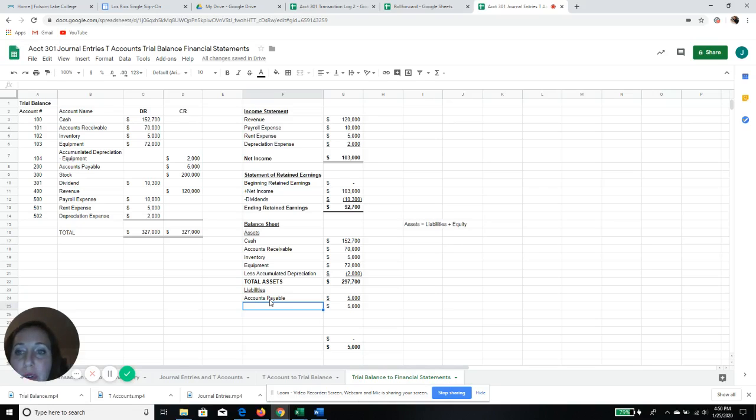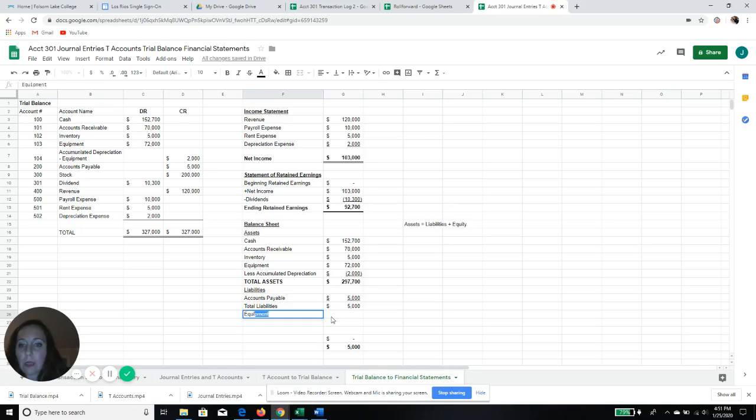Liabilities have a natural credit balance. So because 5,000 is in the credit column, it's a positive number when represented in the liabilities section of the balance sheet. Total liabilities. Am I spelling this right? I think so. Okay, so those are my total liabilities, $5,000.